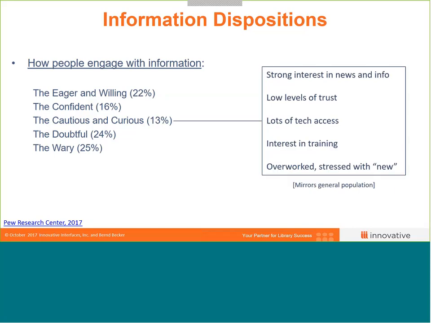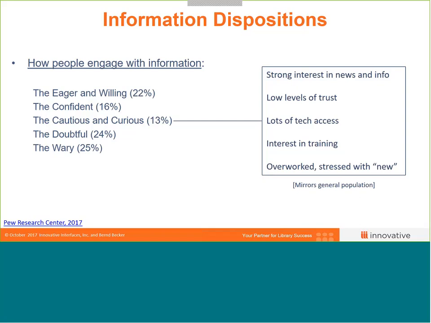Then there's the cautious and the curious. And this group has been identified as having a strong interest in news and information. They have a lot of technology access, but they don't have high levels of trust in news, in sources of news and news information. And this is particularly current. Some of this distrust comes through national news organizations, financial institutions, and the government.